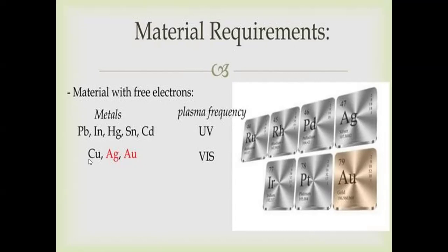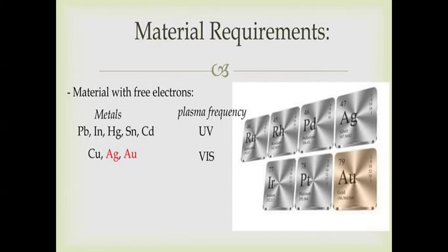But when you use copper, gold and silver, the reflected light is in the visible region. The most used metals are gold and silver, and platinum to some extent. Due to the cost of manufacturing, platinum is not used much, whereas silver and gold are widely used, and the reflection capacity of these two metals is very, very good.